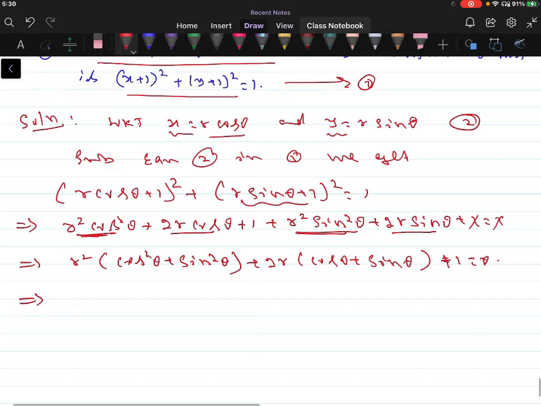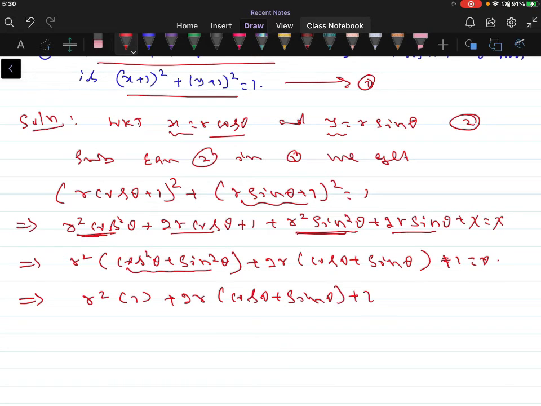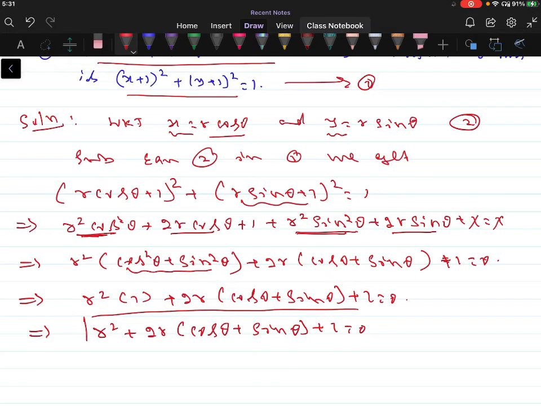So this implies r² times 1, where cos² θ + sin² θ is 1, plus 2r(cos θ + sin θ) + 1 = 0. This implies r² + 2r(cos θ + sin θ) + 1 = 0. So this is the required polar curve.